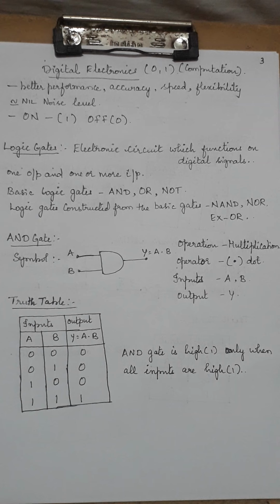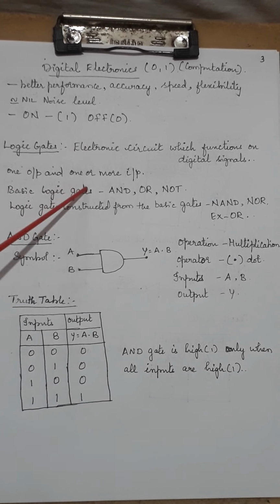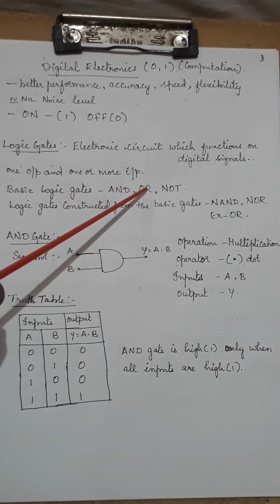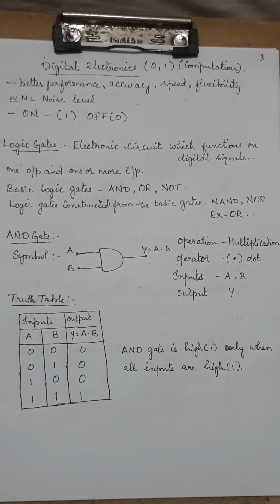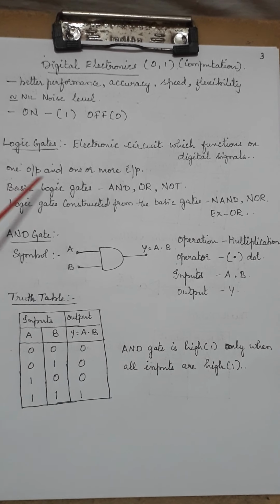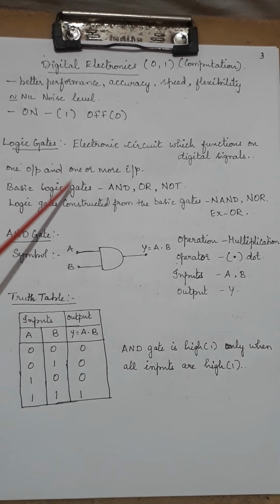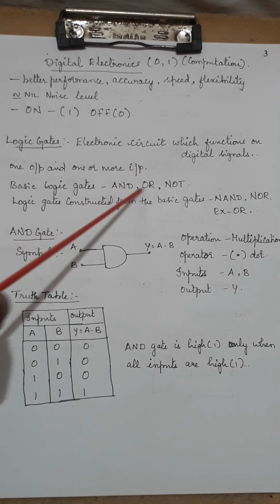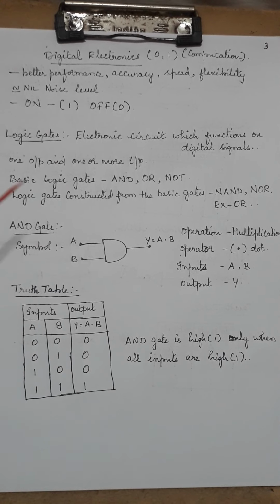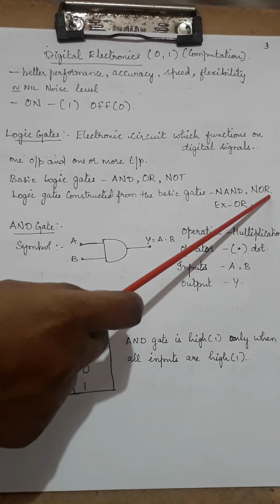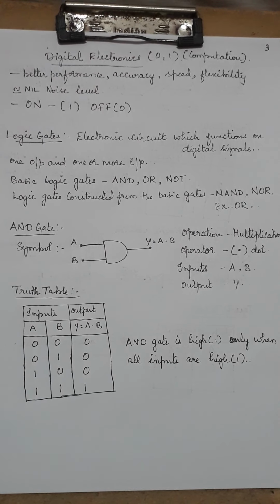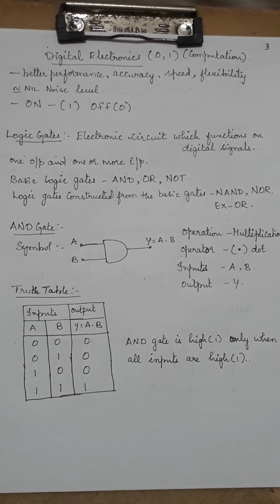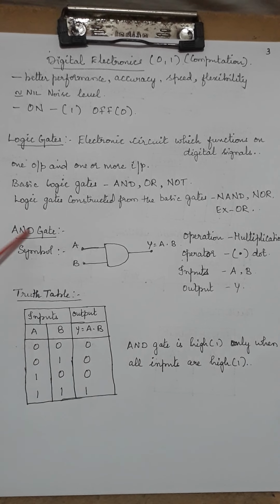In logic gates, you have some basic logic gates called AND, OR and NOT. But there are enhanced logic gates which are constructed using a combination of these logic gates, which are NAND, NOR and XOR. Understood till here? So now we'll move on to AND gate.